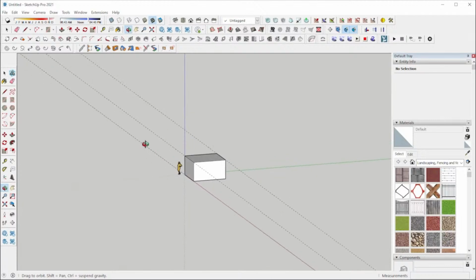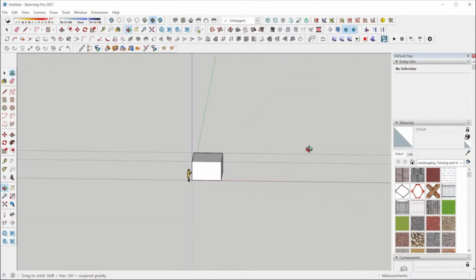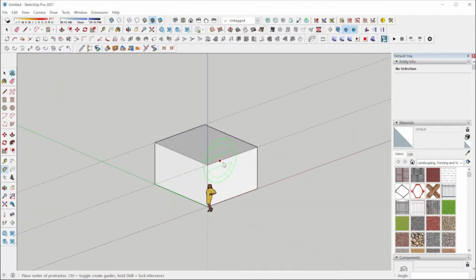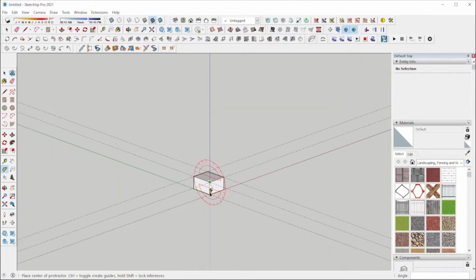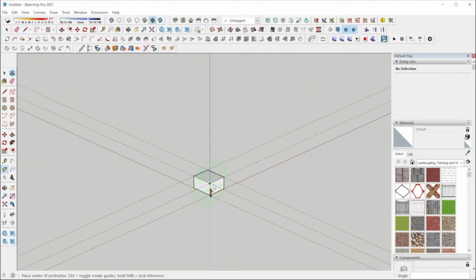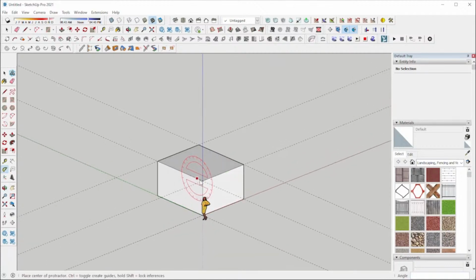Like this, it's always parallel. It doesn't matter if we change the angle, they always seem parallel as they are. In reality, this is not what we can see with our eyes.